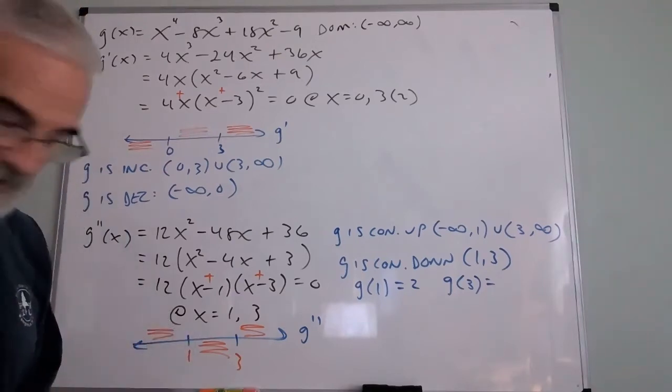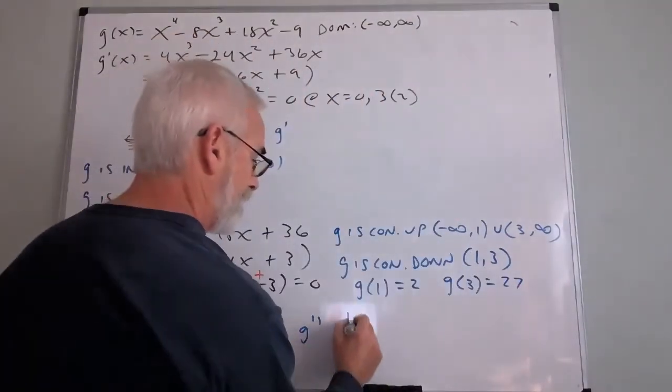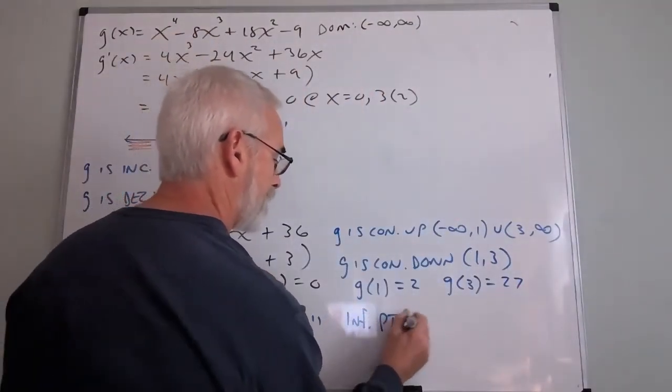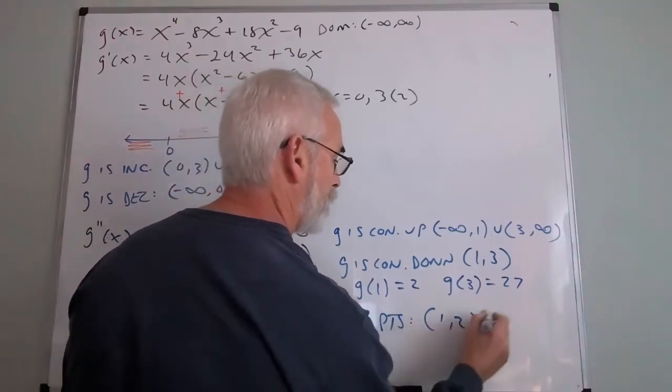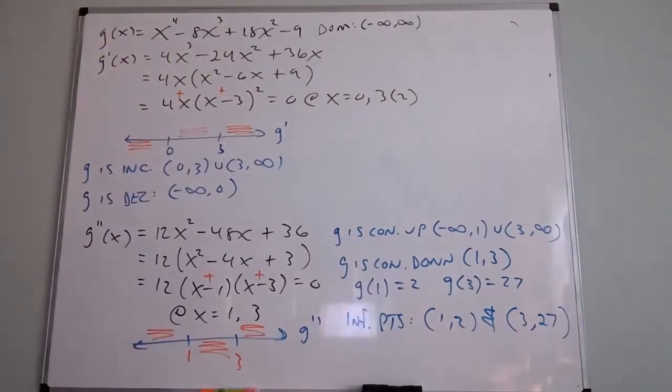Looks like 27. So I have inflection points at (1, 2) and (3, 27). Those are locations on the graph where something really important is happening.